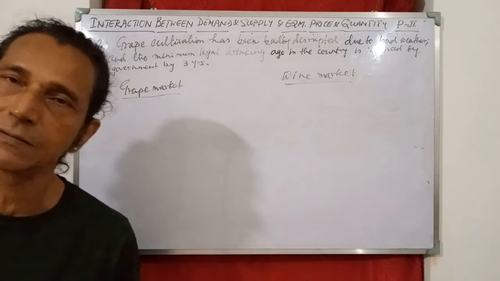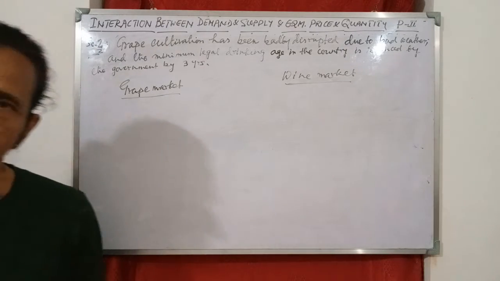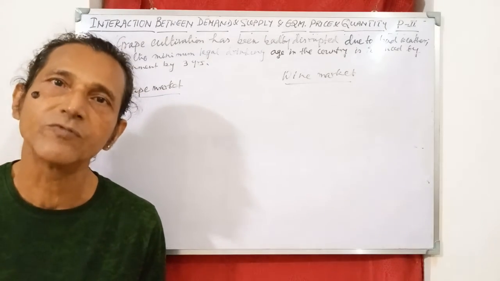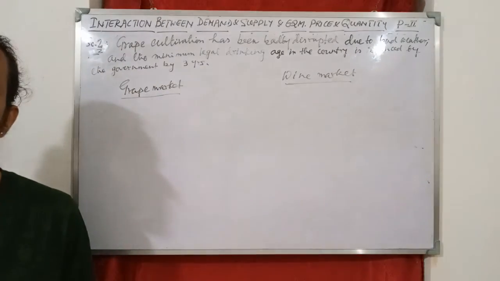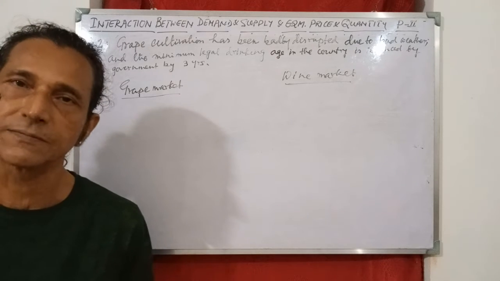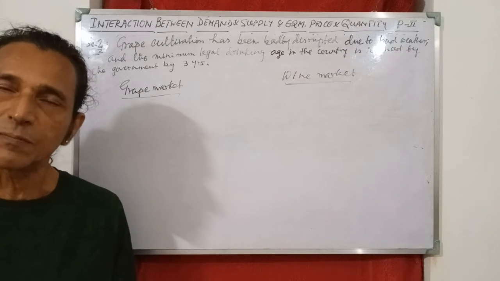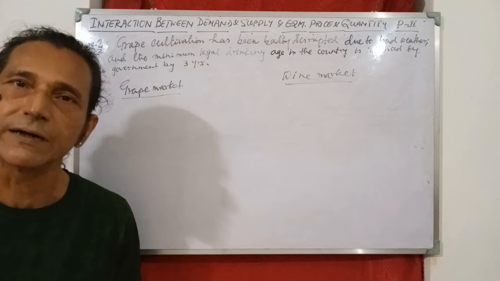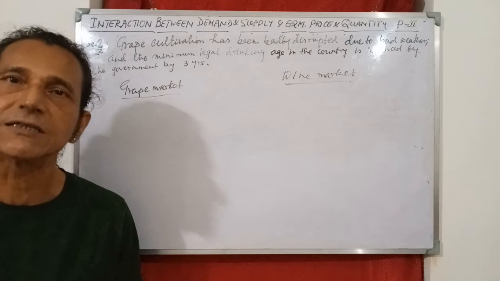In grape market, grape production has fallen, so supply of grape will fall. As a result, price of grape will rise. That is, the supply side is impacted. There won't be any change in the demand curve, because demand side remains unaffected.